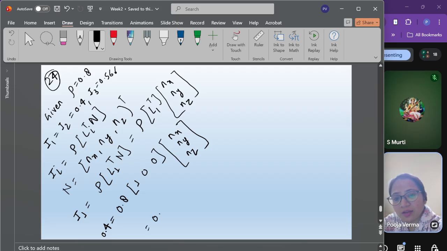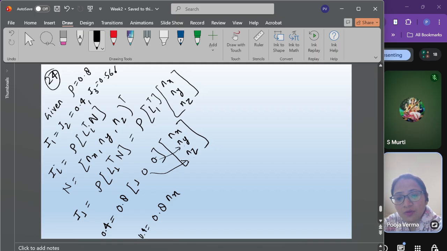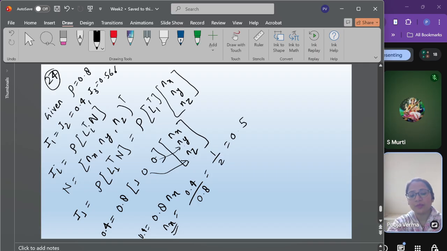If you multiply these two, we get nx, and ny and nz will be 0. So 0.8 nx equals 0.4, so nx is 0.4 divided by 0.8, which is 1 by 2, or 0.5. So nx we have got 0.5.